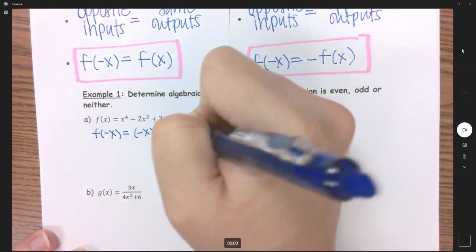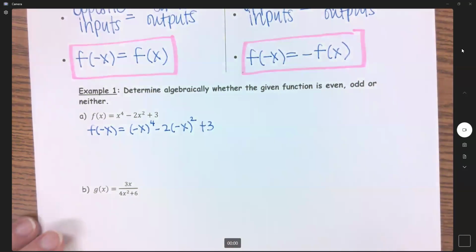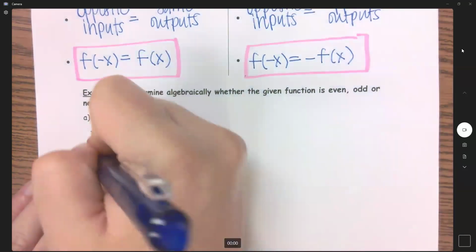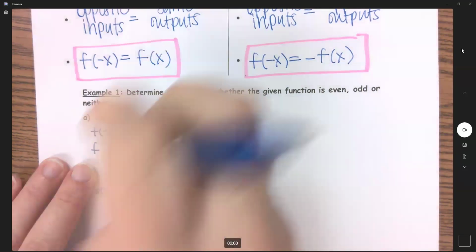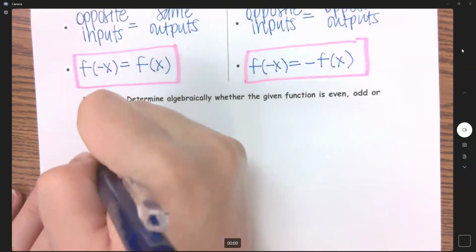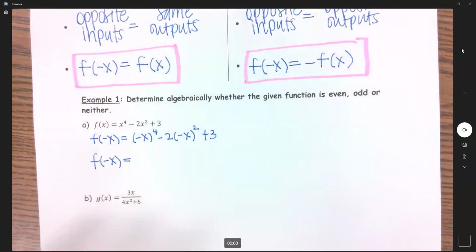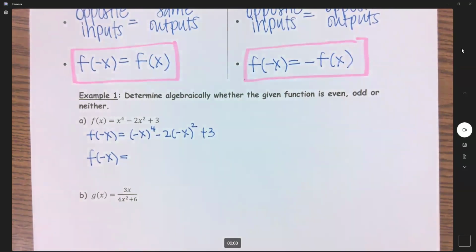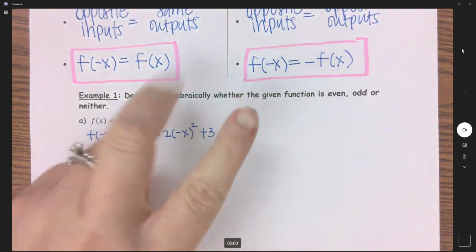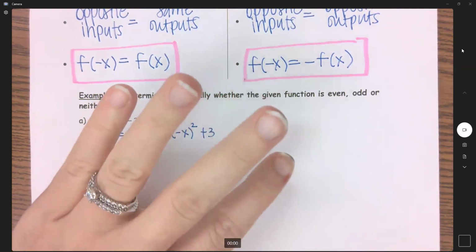minus 2 times negative x squared plus 3. So if I clean that up a little bit and simplify, negative x in parentheses to the 4th: negative times negative is positive, times negative is negative, times another negative is positive.